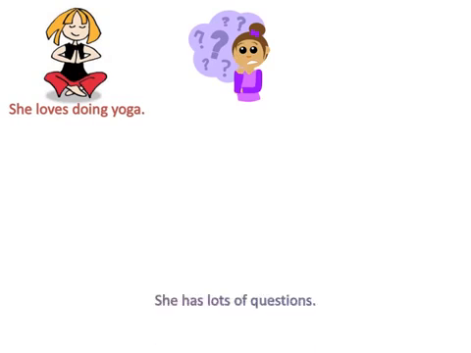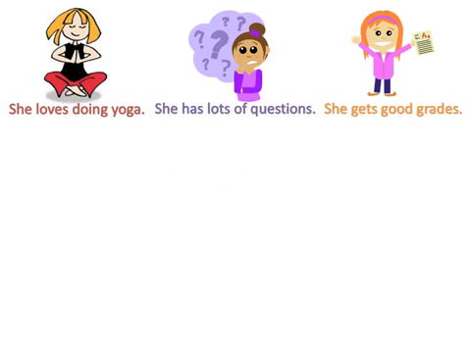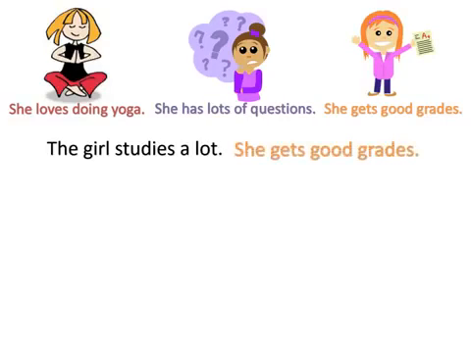Let's take a look again at our three girls. And this time, let's use a different sentence. We say the girl studies a lot. Well, this time we're referring to the girl, which is now the subject of our main sentence.